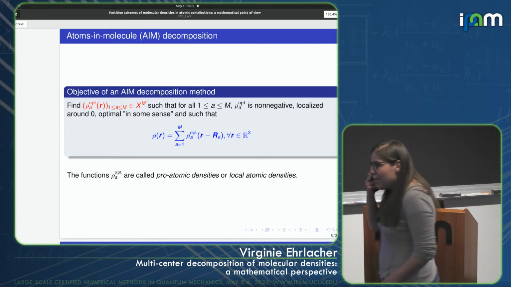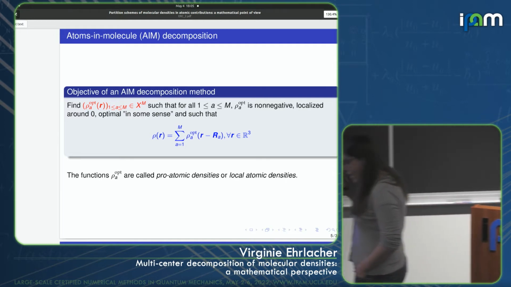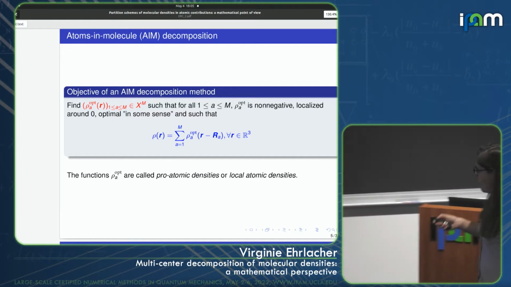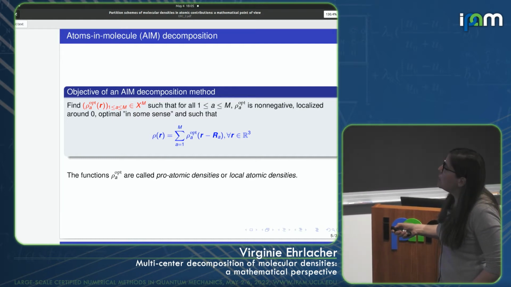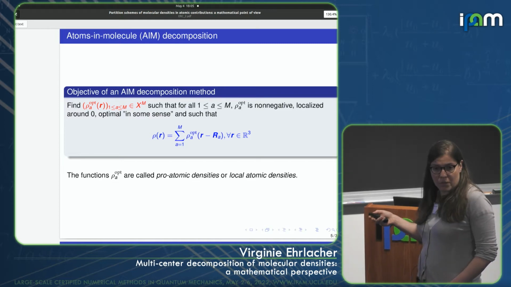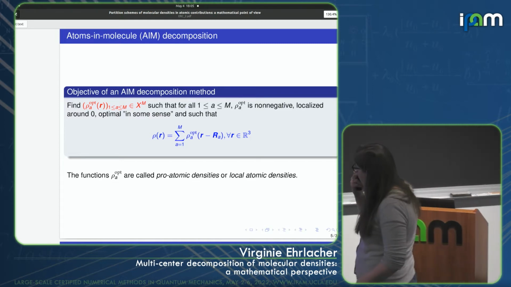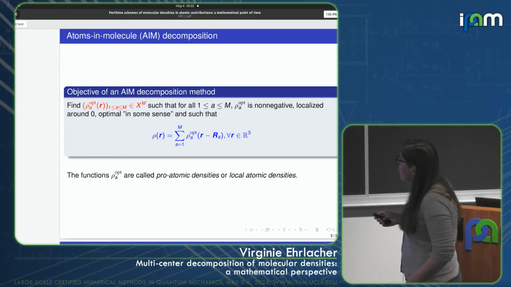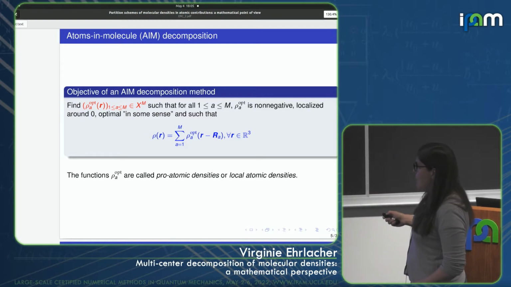And so what do I mean by having a partition scheme into atomic contributions? This partition is also called in the literature atoms in molecule decomposition, so AIM as a shortened denomination. What is this about?